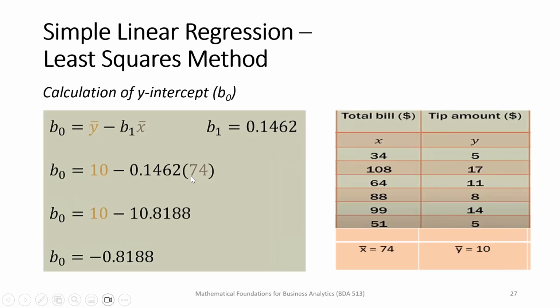We want to predict for a food. The X bar is 74, isn't it? So if we put X bar here, that is 74, we get 10.8188. That gives us a B0 of negative 0.8188.